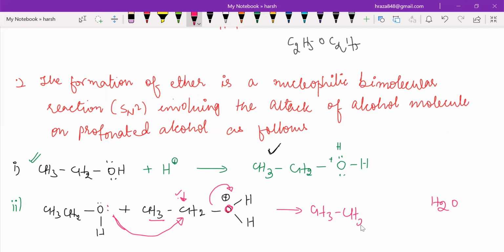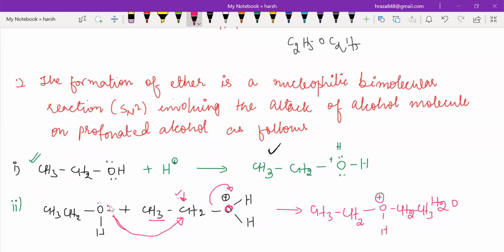Now this CH2 will have a positive charge, and at the same time, gained electron from this oxygen, so there will be negative charge also, and this is CH2 and CH3, and this is positive.